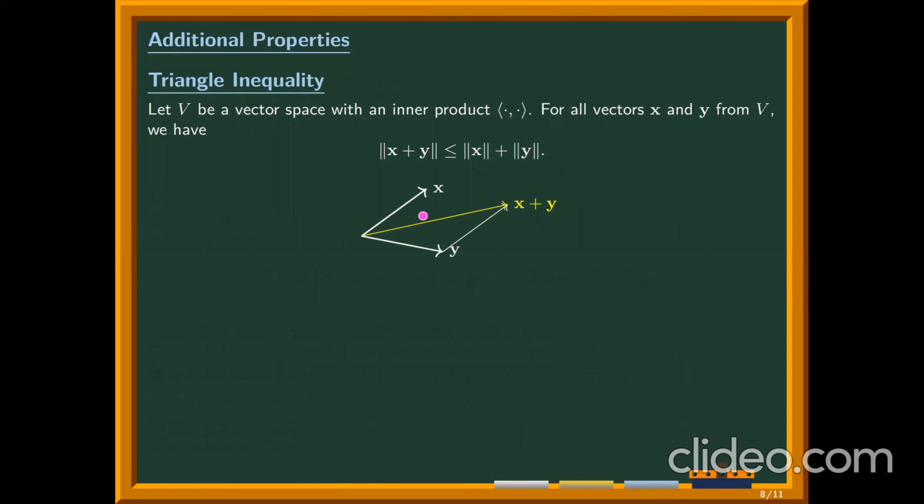In R2, we can imagine this by the parallelogram law in adding two vectors. So this is vector y, this is vector x. So the sum is the vector whose initial point is the initial point of y, and terminal point is the terminal point of x.